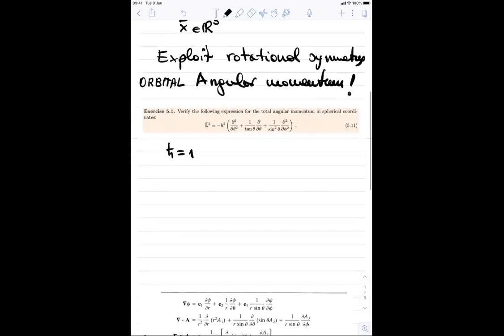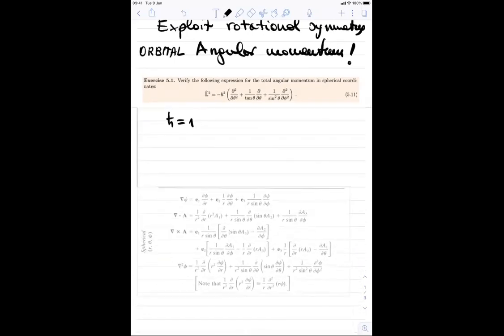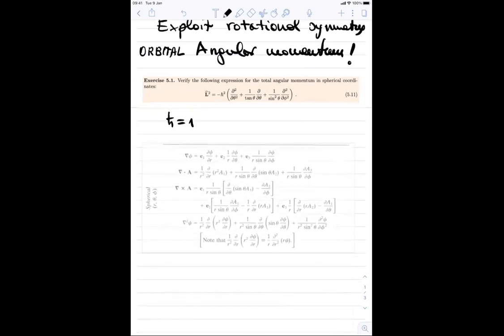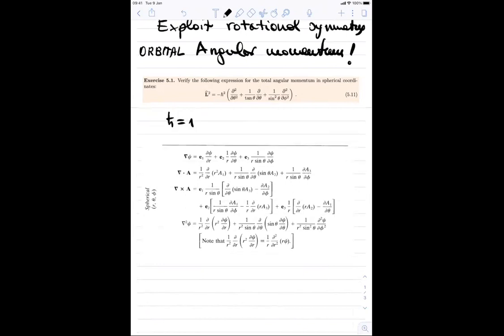Now, I urge you to go and look at your favorite electrodynamics book. This is the back cover of the book by Jackson. And you will find the expression for the Laplacian of a function in spherical coordinates.